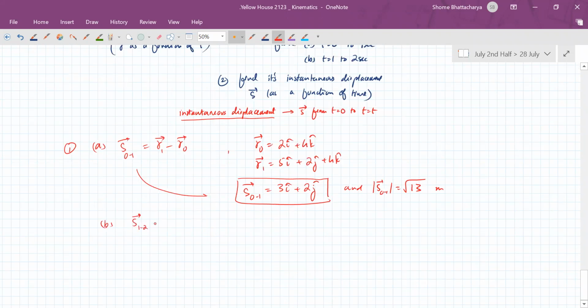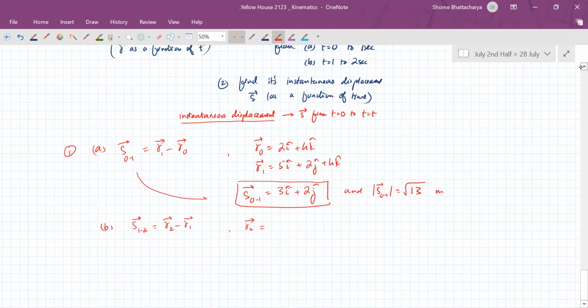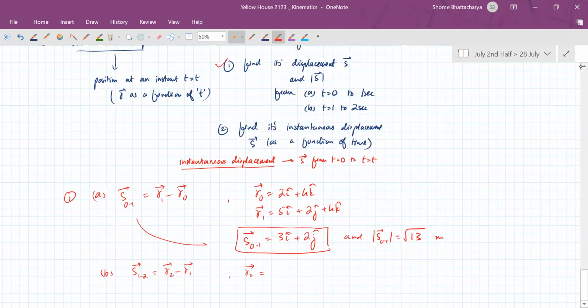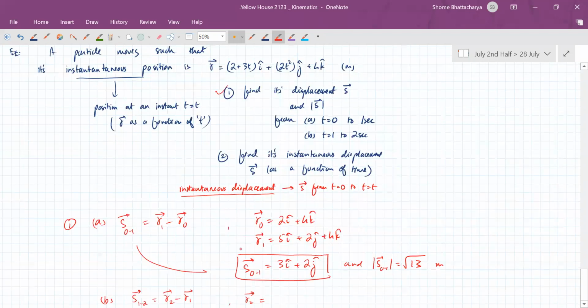Displacement from 1 to 2 seconds is position at 2 minus position at 1. So position at 2 we have to calculate, position at 1 we've already done above. So substitute time as 2 seconds in the position vector equation. So 2 plus 6, so that's 8 i cap, right, plus 2 into 4, so that's again 8 j cap plus 4 k cap.